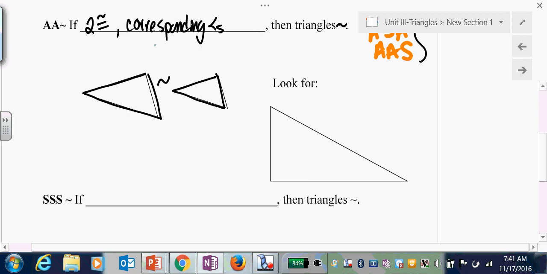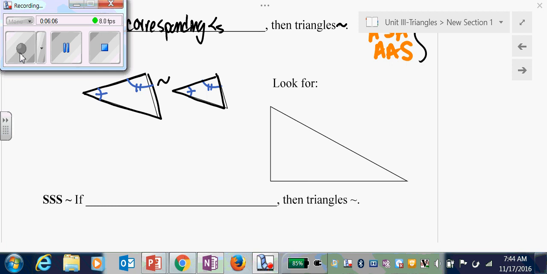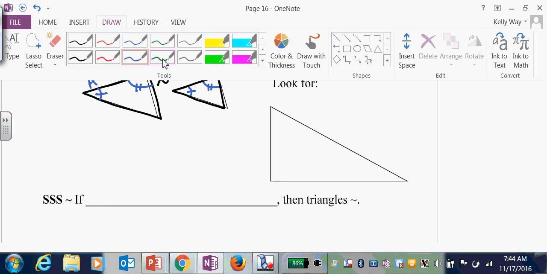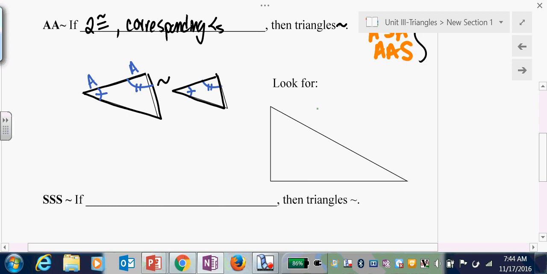This is going to look like this. Pair of angles and another pair of angles. So taking a look here, if you have a pair of angles and another pair of angles, the triangles are similar.